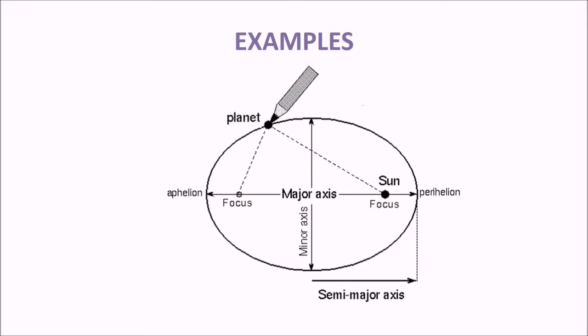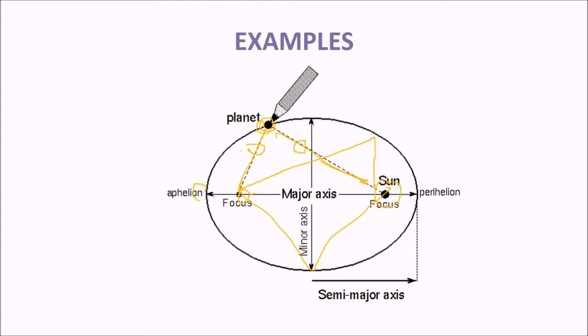Kepler's law says that wherever the planet moves, if you add the distance from the two foci, this distance with this distance, it will always remain constant, whichever point you take. These are the foci. One focus is the sun. Your planet is moving or revolving in the elliptical orbit.